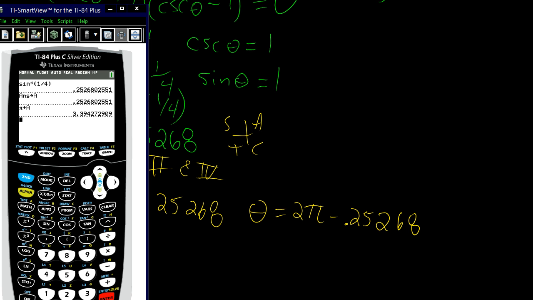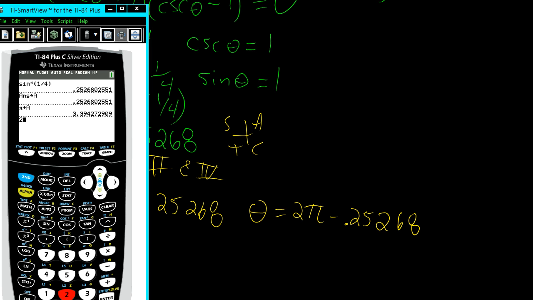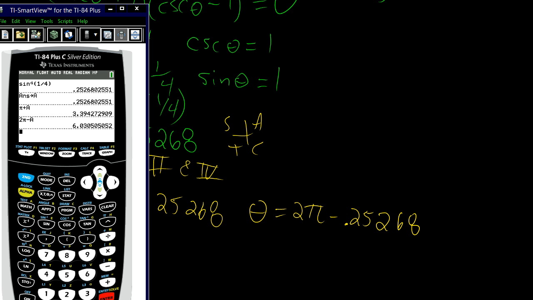I'll do that on my calculator. We'll go 2 pi minus my reference angle, which I stored under A, and I can be assured I'm getting the right decimal accuracy. So my theta here is 6.03, and now this is tricky, but it's a 5, so we better round this up to 1. All right, so that is it for that one.